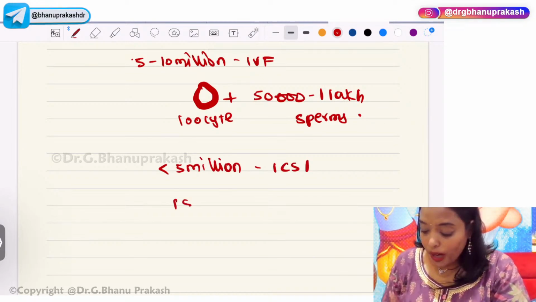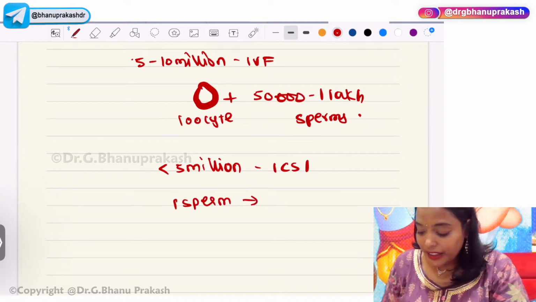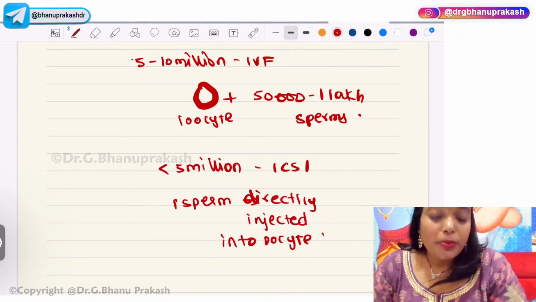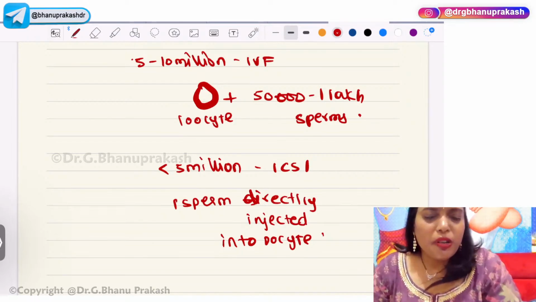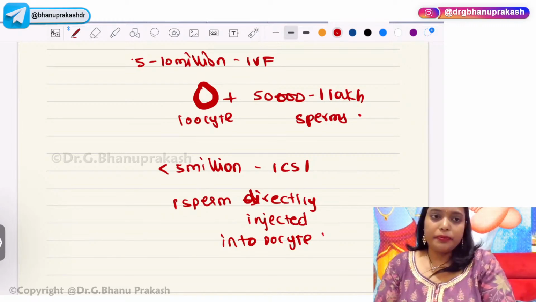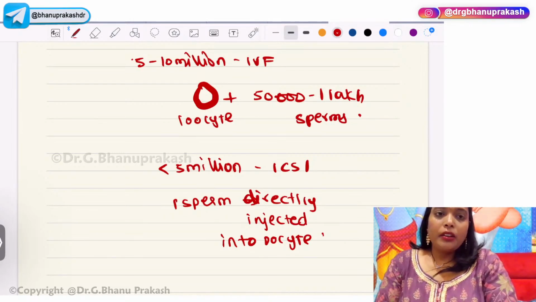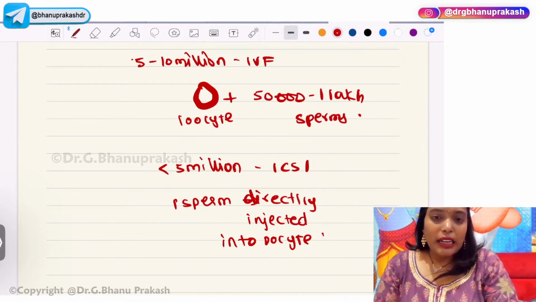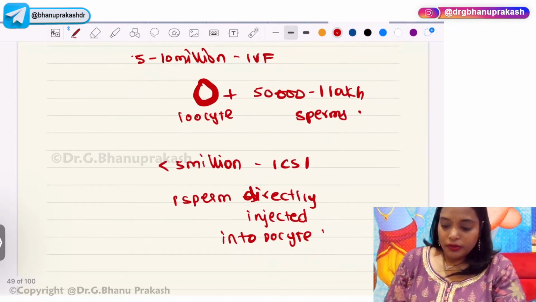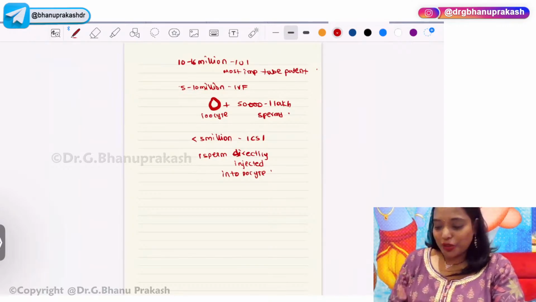In ICSI, one sperm is directly injected into the oocyte. When sperm count is very low or morphology is also very poor, then we go for ICSI. So that's the summary of infertility.